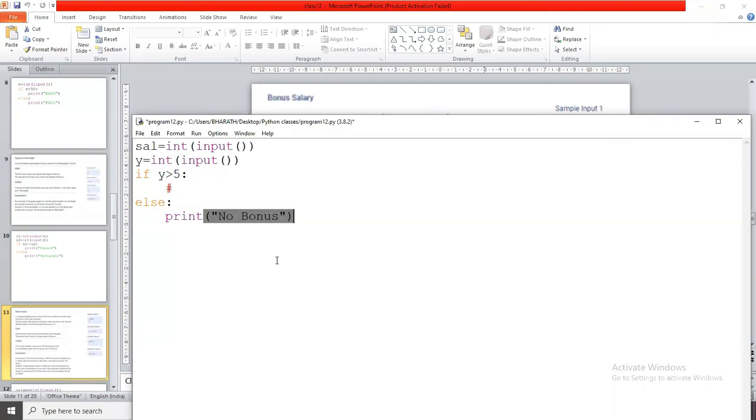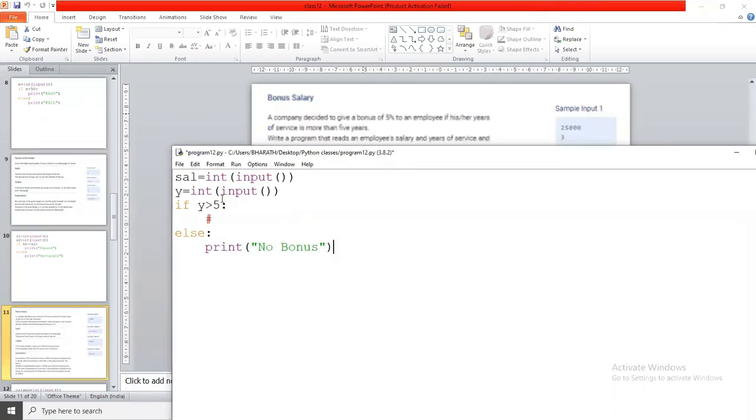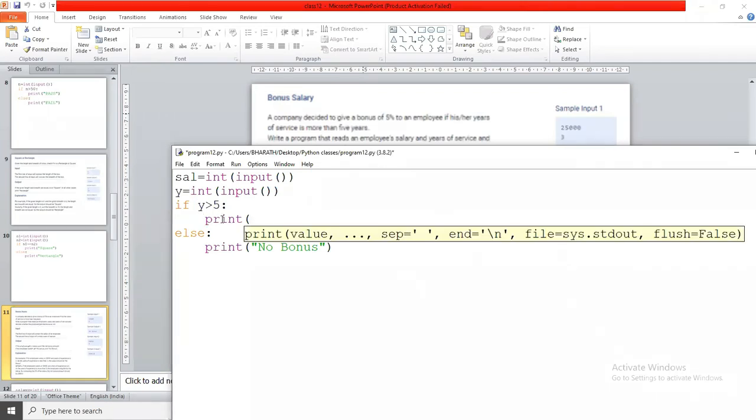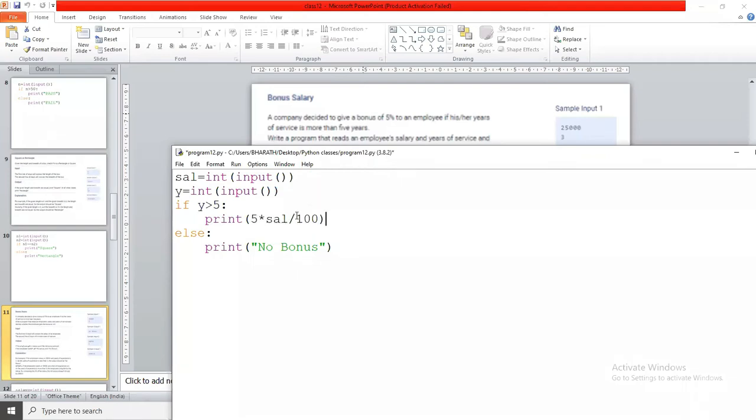Okay, that's it. Now if y is greater than 5, then you print 5% of the salary. So you write 5 into salary, divided by 100. For the sake of understanding I put this 5 into salary in brackets.